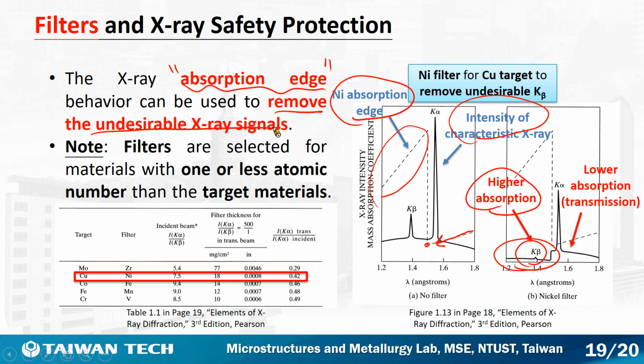For the notes here, we choose a filter material with one less atomic number than the target material. For example, for a copper target, we choose a nickel filter. For a molybdenum target, we choose a zirconium filter.